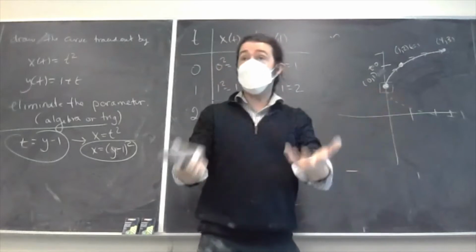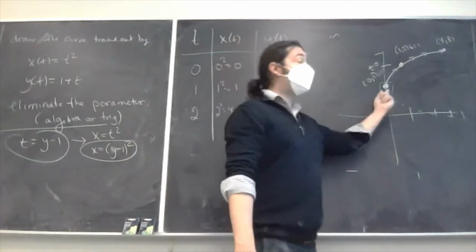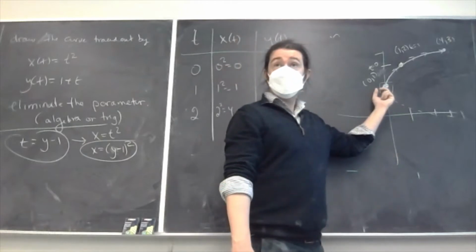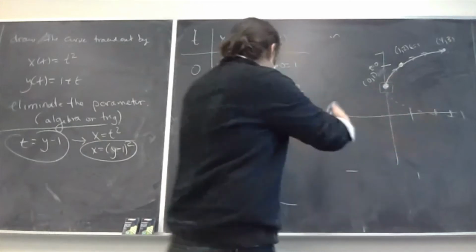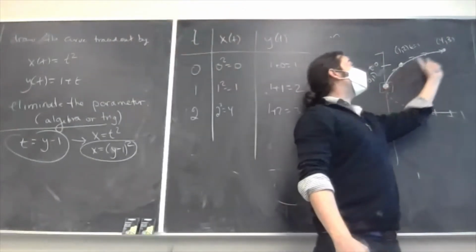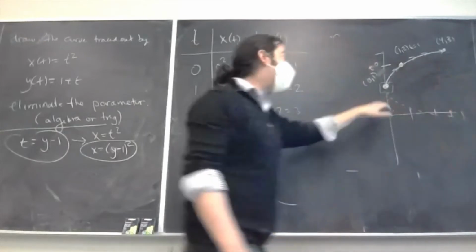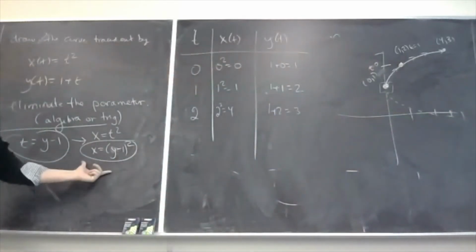But I also want to know about velocity and distance traveled. And all of that is going to depend on how fast the particle actually moves. So there's going to be two different calculus approaches to studying these things. One that studies the way that the particle is moving on the path, parametric calculus, and one that studies the path that it actually follows, which is just the regular calculus that we learned in Calc 1.